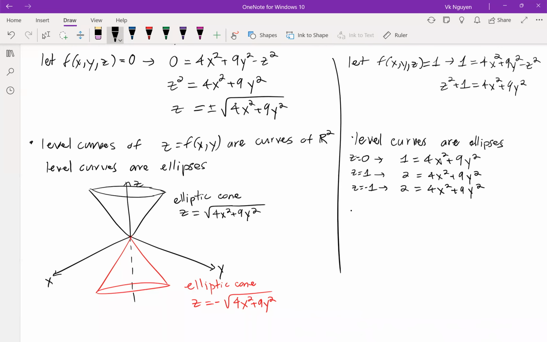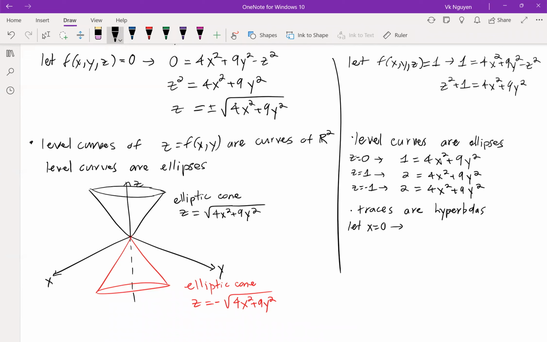And then also do the traces. Traces are, if you let x equal to 0, then you're going to have a hyperbola. Let x equal to 0.